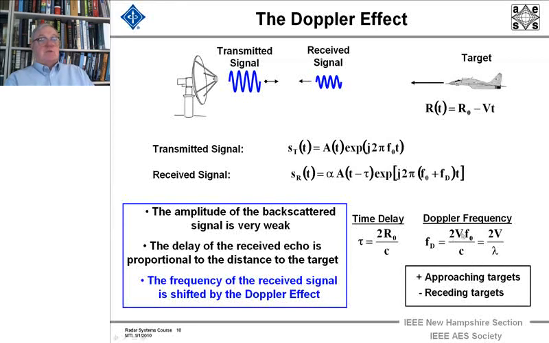It's twice the radial velocity times the carrier frequency of the radar. Like if this was an S-band radar, the frequency would be 3 gigahertz, divided by the speed of light. And for approaching targets, it's plus, and for receding targets, it's minus.